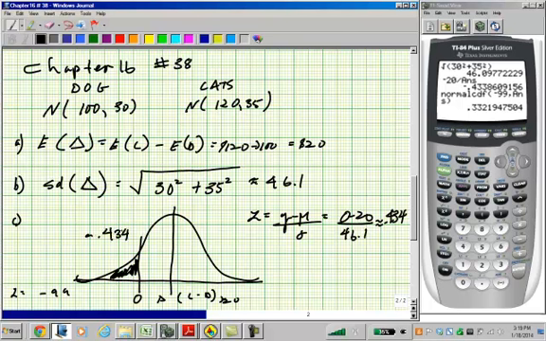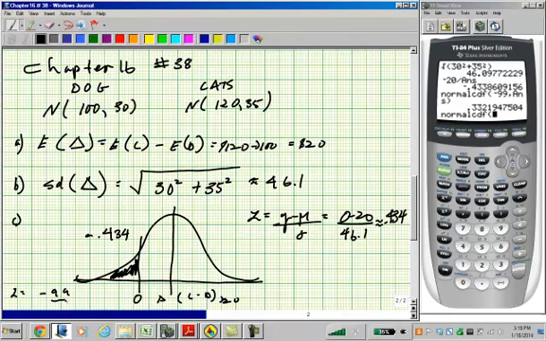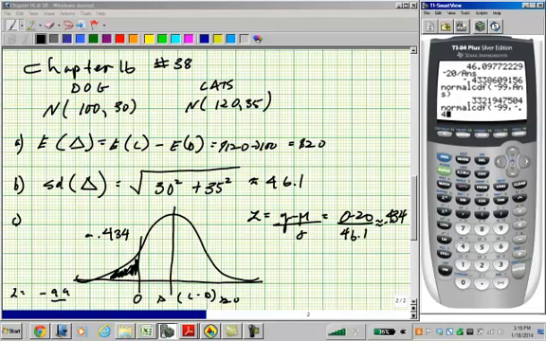So I will use normal CDF to find the probability of getting a z-score that's smaller than negative 0.434. And so I do normal CDF, which is second, and then vars, normal CDF is 2. And I'm going to go all the way to the end of the tail, so that's negative 99. It always goes from left to right, comma. And I'm going to put in negative 0.434. Okay, close parenthesis.